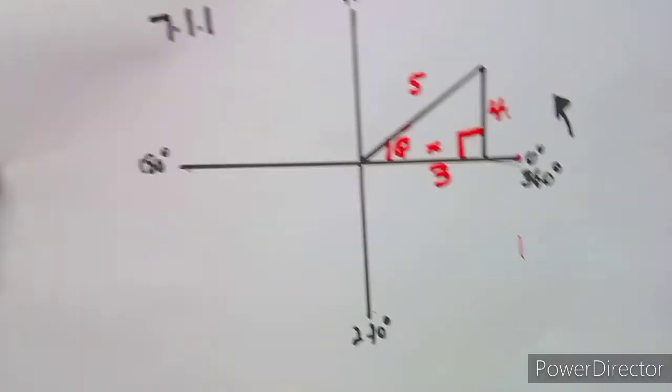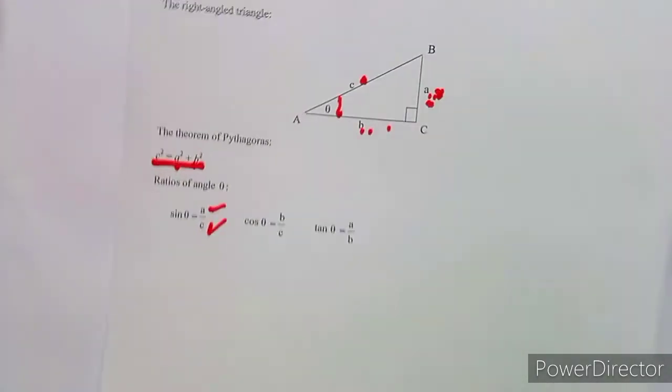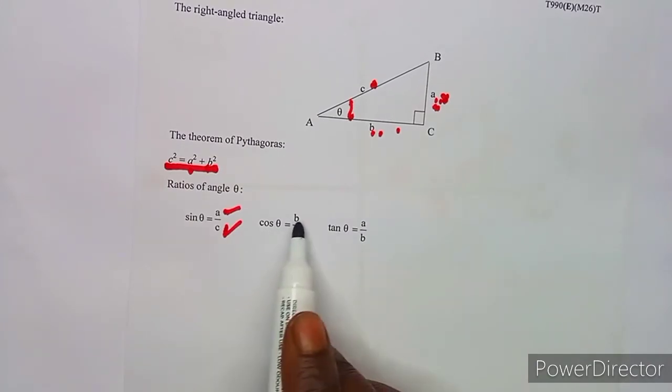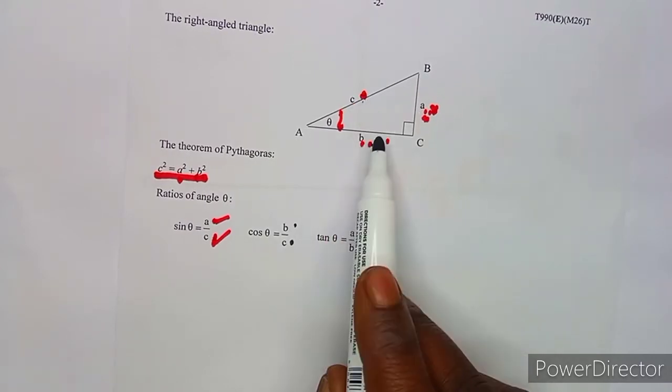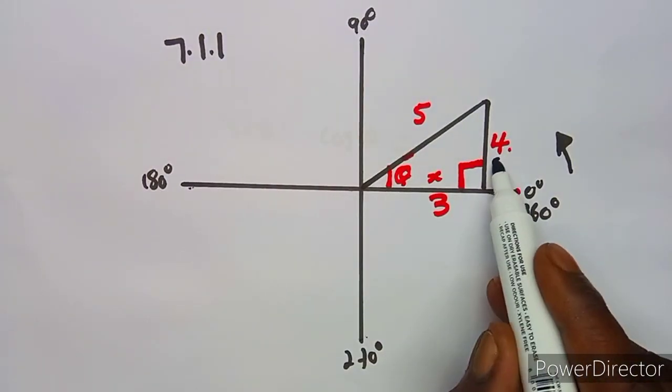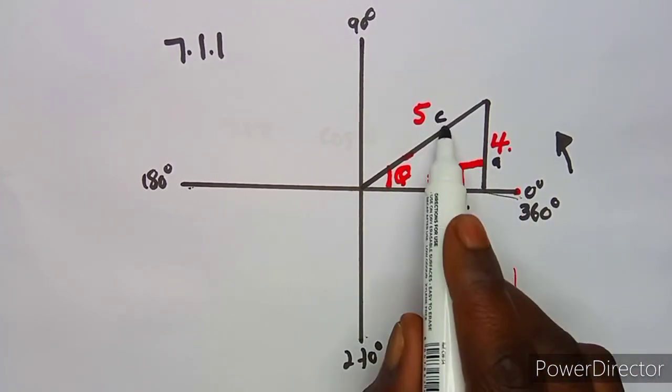Okay, so we are just going to go back to our ratios here. Remember the ratios of theta. Cos, it's b over c. All right, so that is b over c, that is adjacent over the hypotenuse, b over c. So remember, this is your a, this is your b, and this is your c. So cos is b over c.